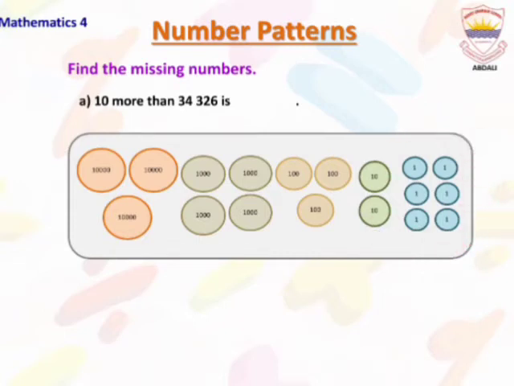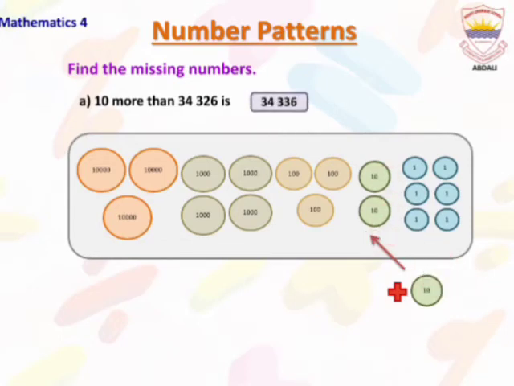Students, now we add tens in our tens place. Tens more than means we add tens in our tens place. When we add a number disk in the tens place, the total number of tens place disks is counted: 1, 2, 3.